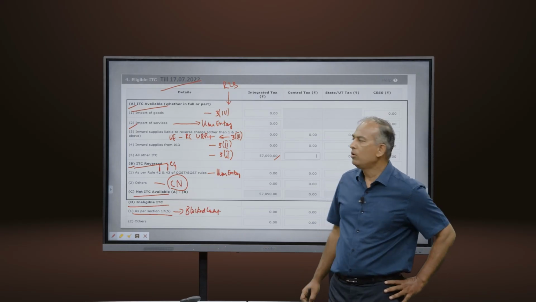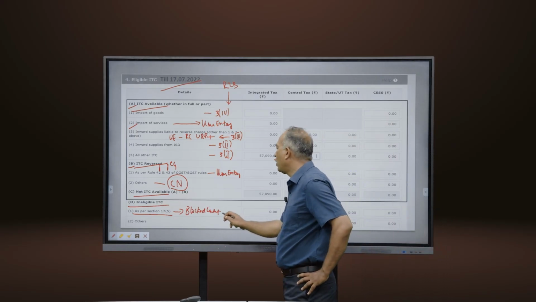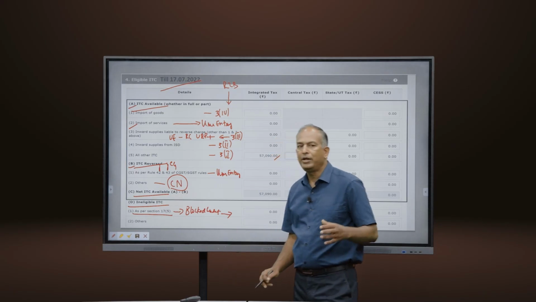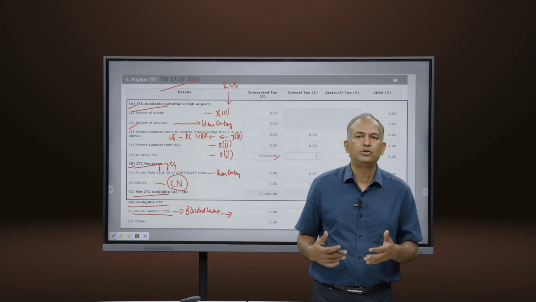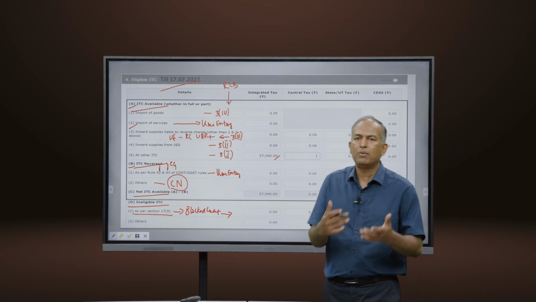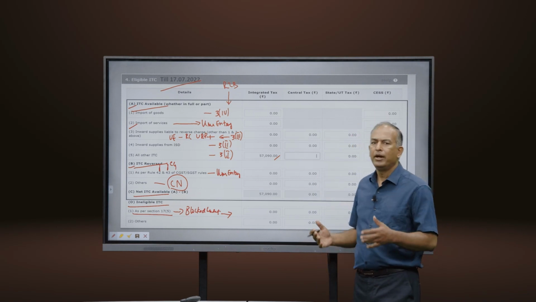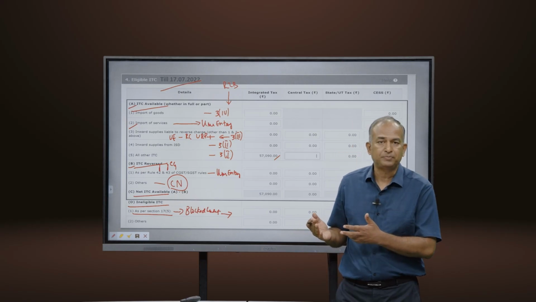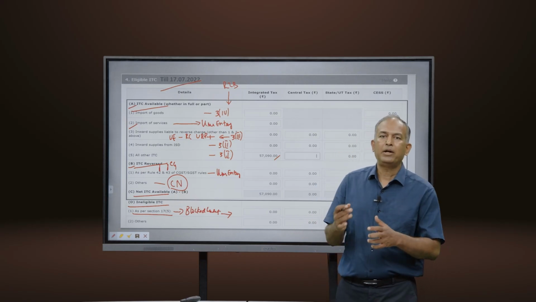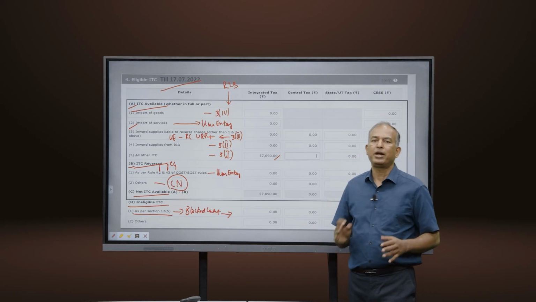I am showing you how data is reflected when you actually analyze the GSTR 3Bs of the taxpayers. When you go for an audit or investigation, it is possible that it appears there is a mistake, but there may not be a mistake also, because there were diverging practices with reference to that.